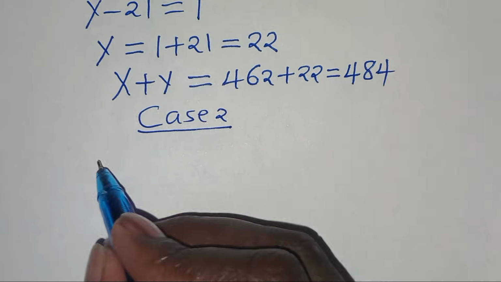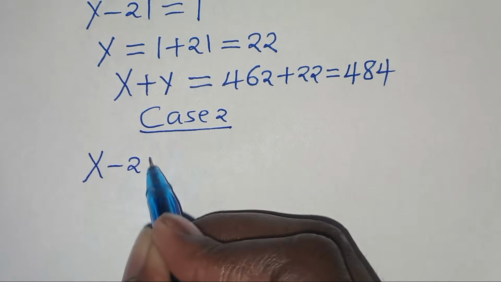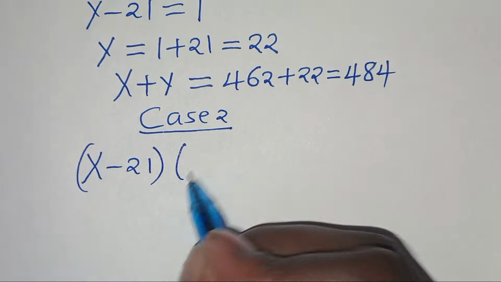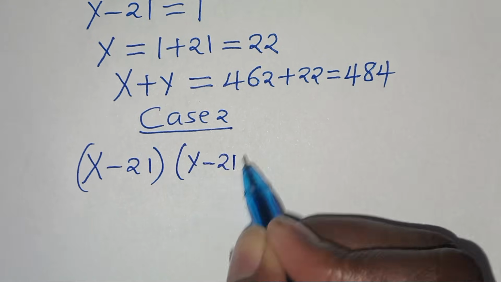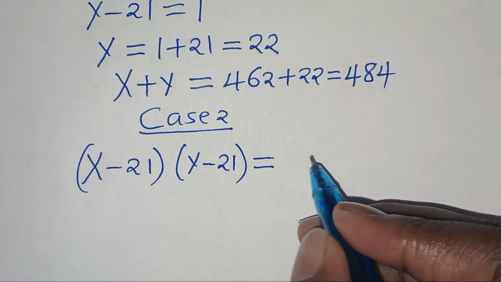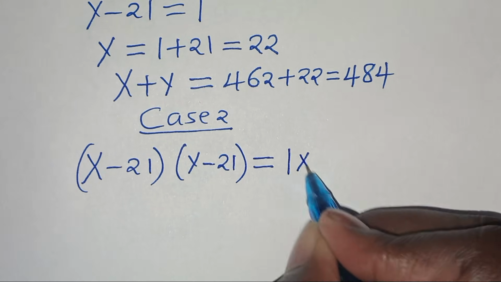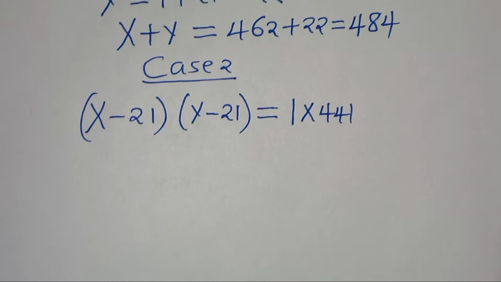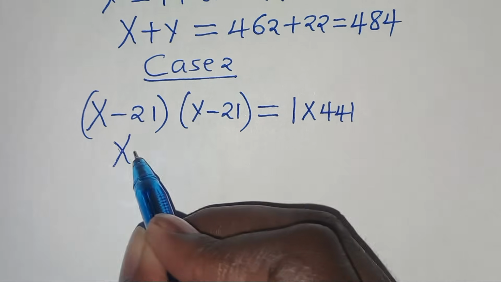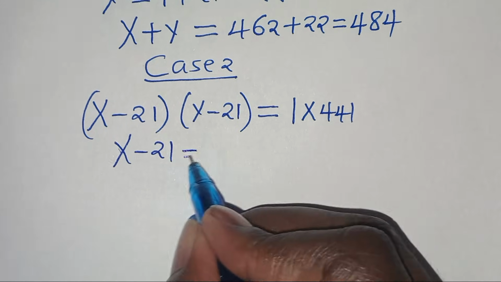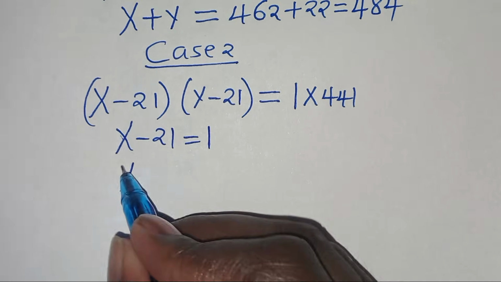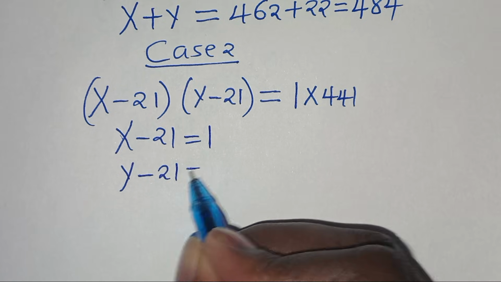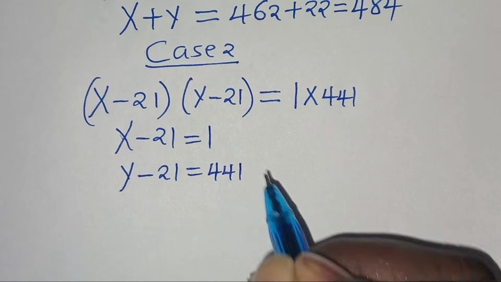In case 2, we have x minus 21 multiplied by y minus 21 equal to 1 times 441. So x minus 21 is equal to 1, then y minus 21 is equal to 441.